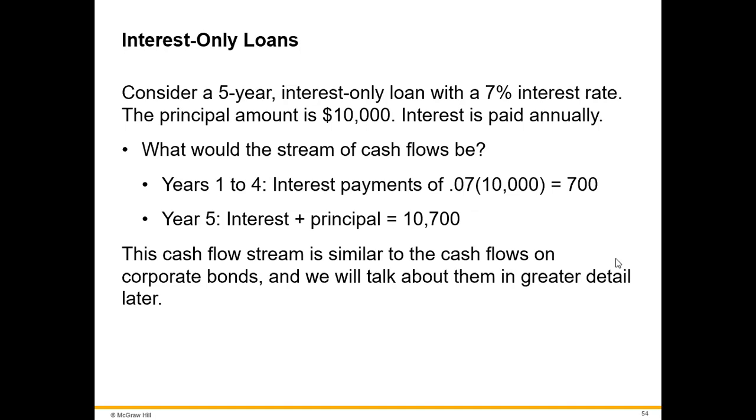But the year the loan matures, the person will pay $10,000 principal plus $700 in interest. So you would just take principal times interest rate, and since this is an annual payment and an annual interest rate of 7%, your annual interest will be $700. And we will be using this type of calculation, I believe, in our next chapter.